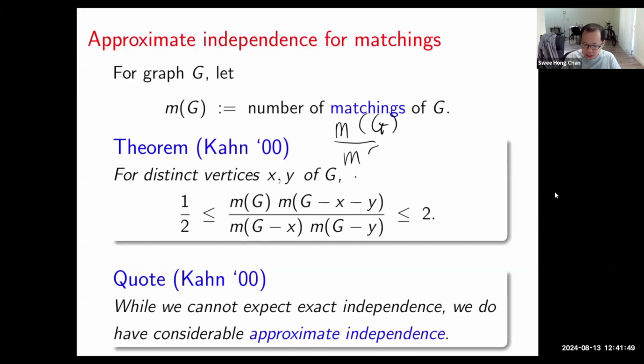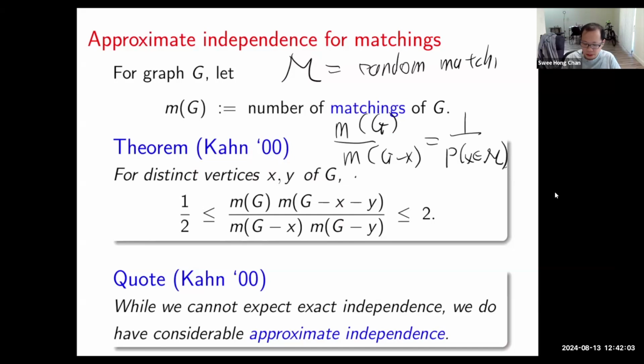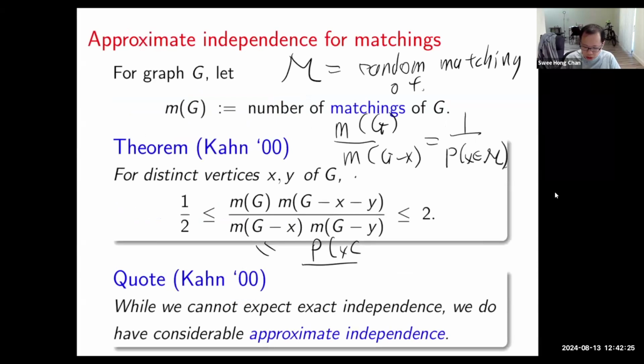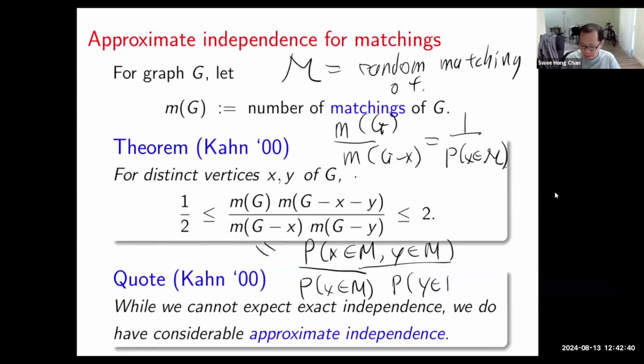Mg minus X, this number is equal to 1 over the probability that X is contained in M, where M is the random matching of G. So this ratio is equal to the probability that X in M and Y in M, divided by the probability that X in M times the probability that Y in M.